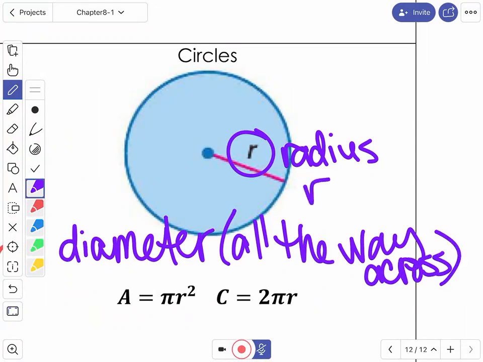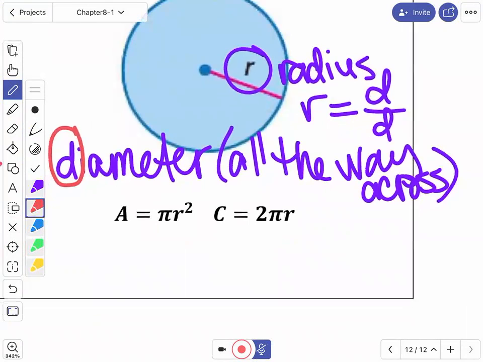So just keep in mind the radius is going to be half of that diameter. And we have just one formula for area, pi times r squared, but we do in fact have two of them for circumference, 2 pi r or pi times the diameter. Either of those would get you the formula for circumference.